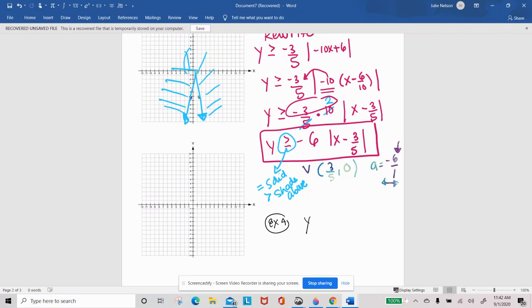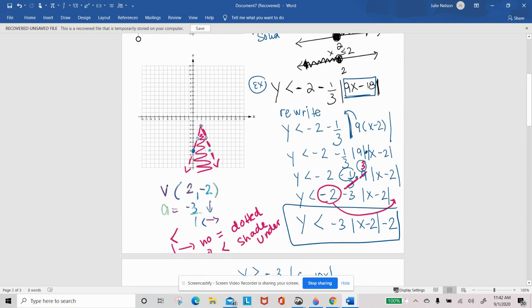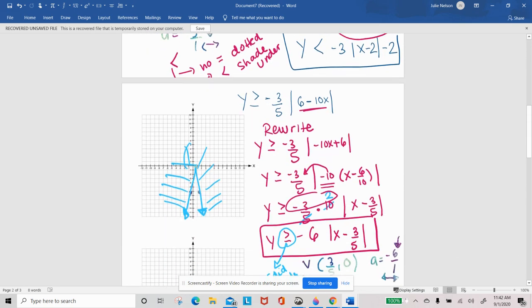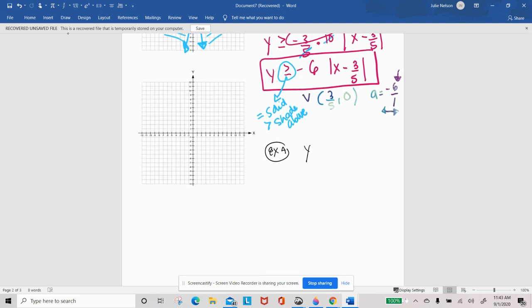So y is greater than 1/2 minus 1/3. Oops, let's change that.